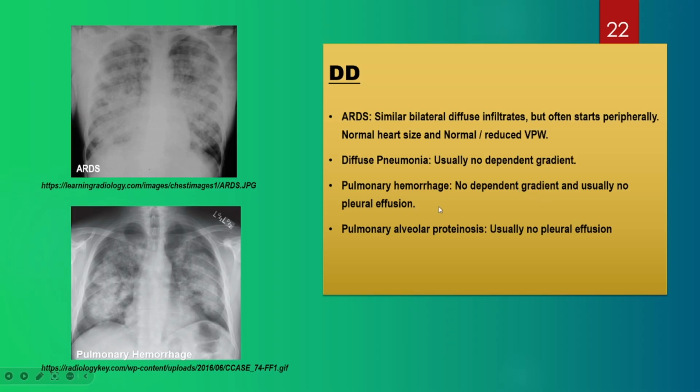That means it will not change its appearance with the position of the chest X-ray, for example, erect, supine or decubitus, and usually not associated with pleural effusions. Pulmonary alveolar proteinosis also usually not associated with pleural effusion. I hope now you have some idea how to differentiate heart failure from the mimicking pathologies.